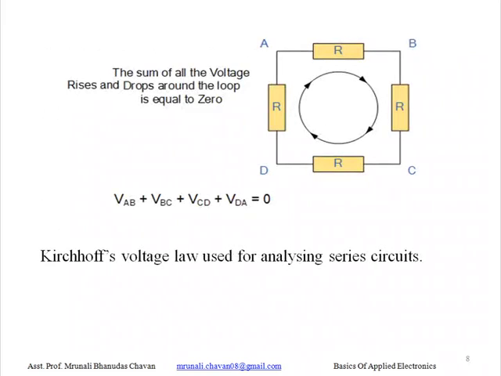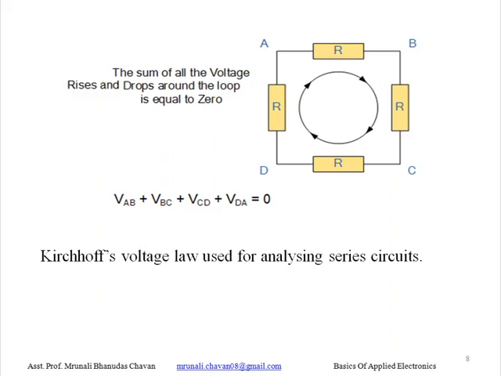This can be explained diagrammatically here. One loop is shown, A, B, C, D, a closed loop A, B, C, D, A, and the sum of all the voltage rises and drops around the loop is equal to 0.